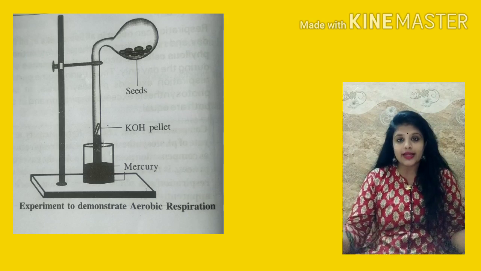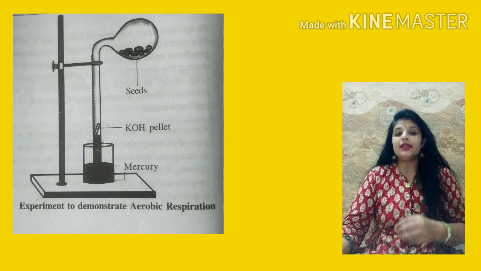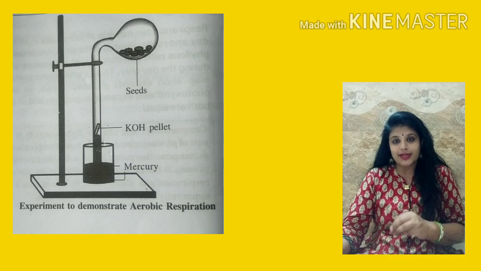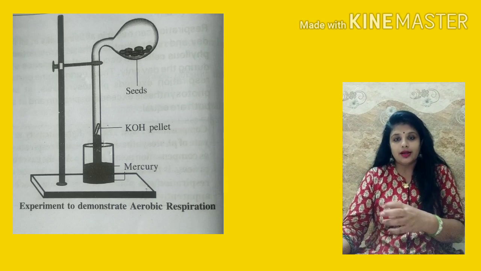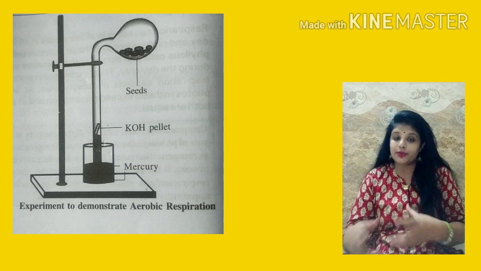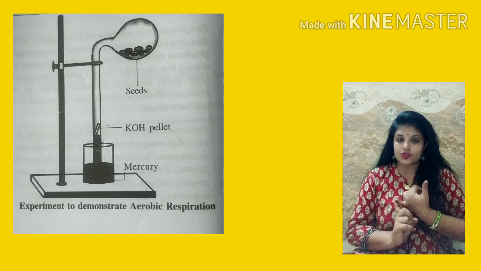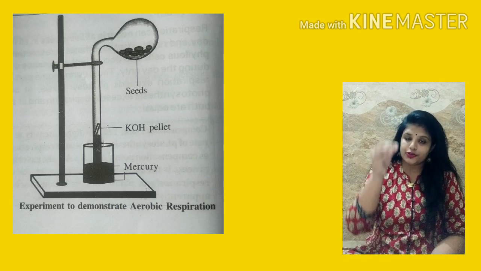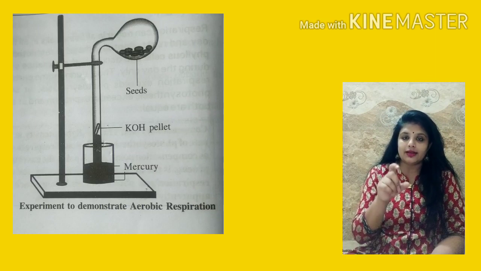Otherwise, air can enter from the surrounding and you are not able to measure how much air is used by the respiroscope itself, or it may enter from outside, which can disturb your reading. Clear? So you have to ensure that the instrument is airtight, and number two, that it is in a vertical position.